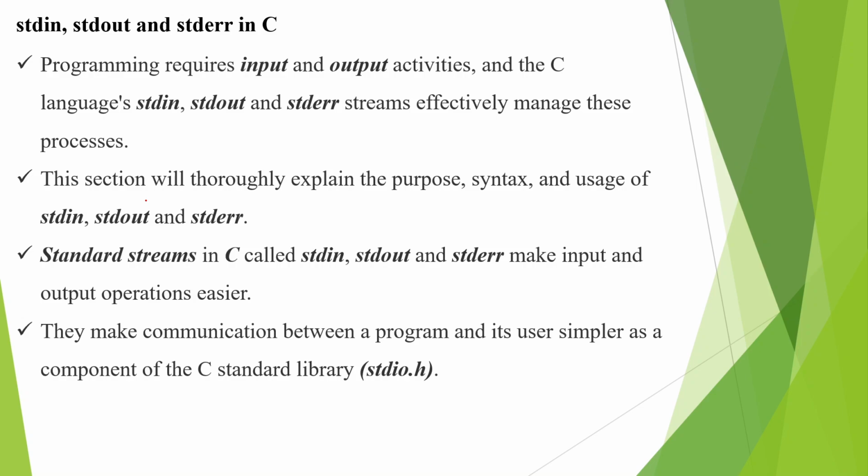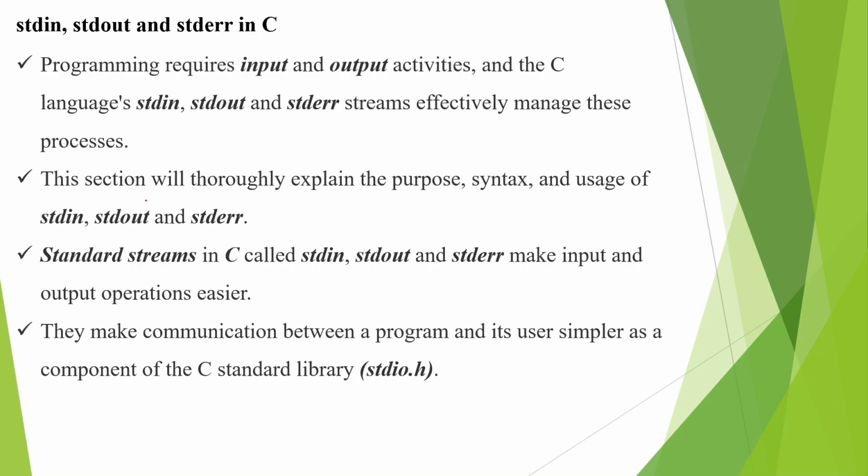As we said before, to process data through our program, the data has to be read in, processed, and after that the data has to be output, isn't it? And C language uses standard in, standard out, and standard error streams to effectively manage these input output activities.